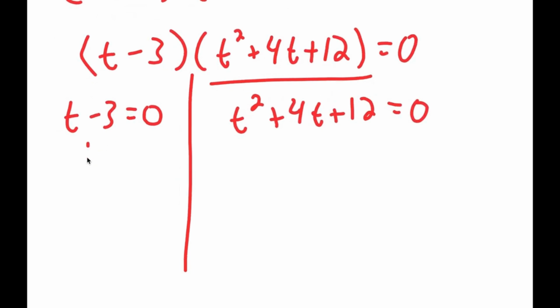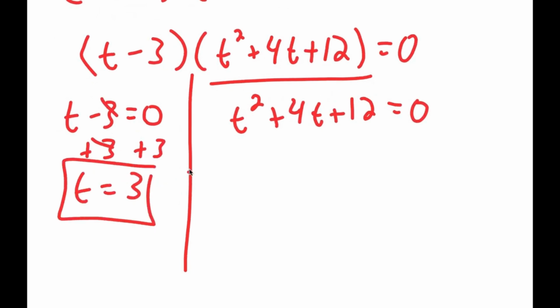So obviously for t minus 3, we already know the answer is t equals 3. But for t squared plus 4t plus 12 is equal to 0, to solve this we're going to have to use the quadratic formula.